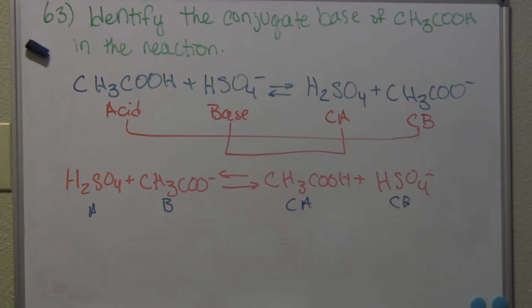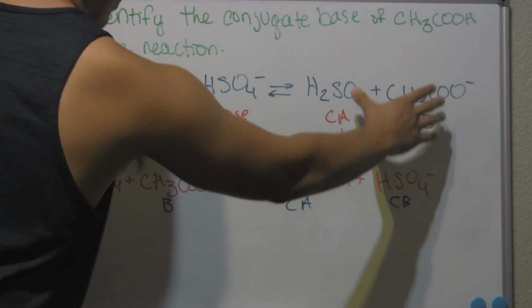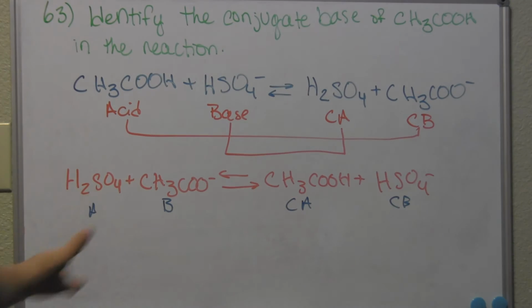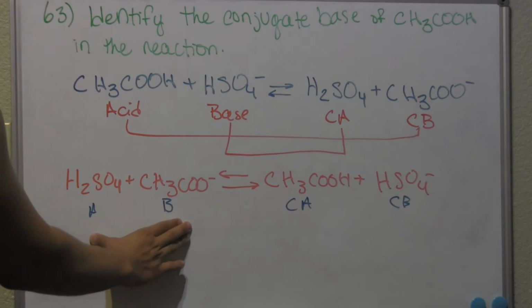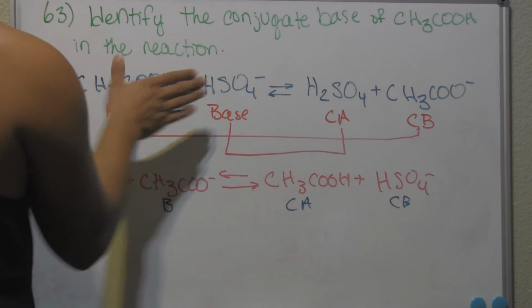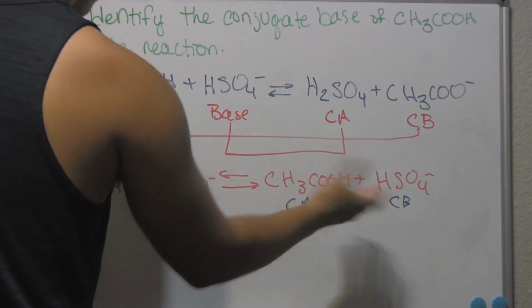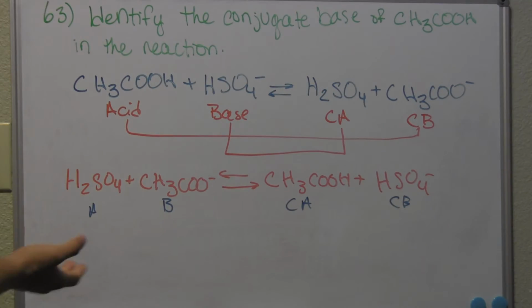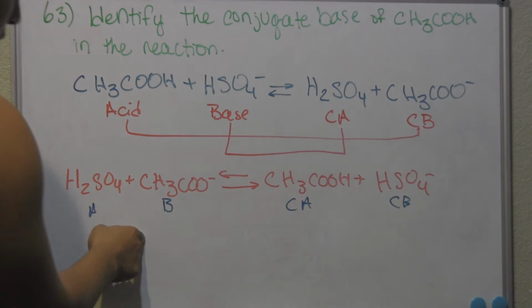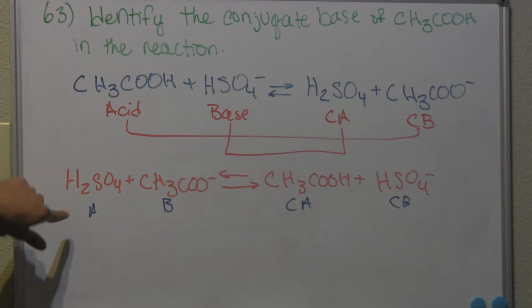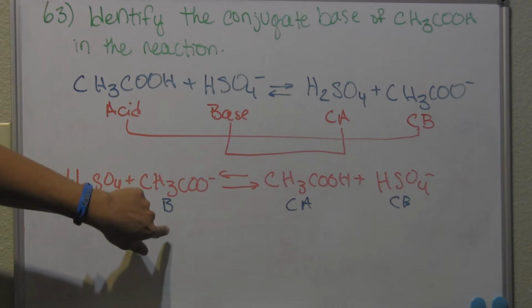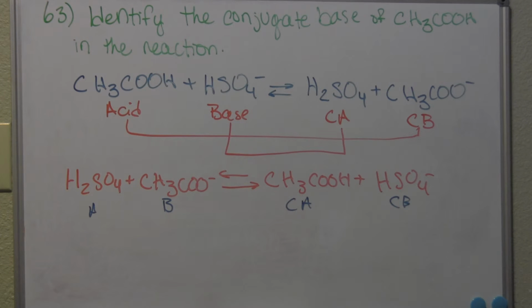The way to identify a conjugate base is that it has to be on the opposite side. You can't have a conjugate acid or a conjugate base on the reactant side. In this equation we're observing it going that way, but if we observe the same equation going the other way, as written here, then sulfuric acid and acetate become your acid and your base, respectively.